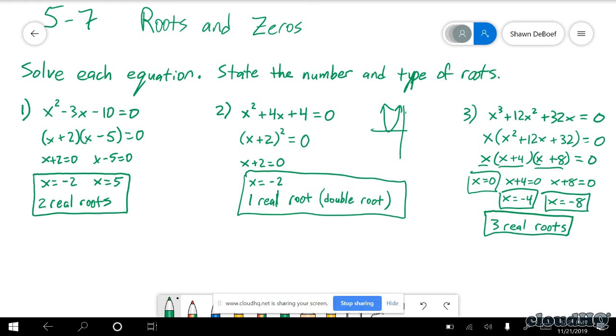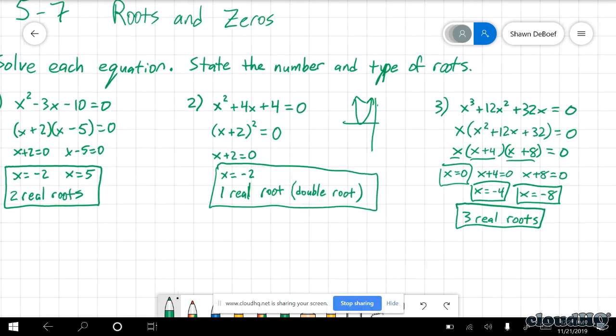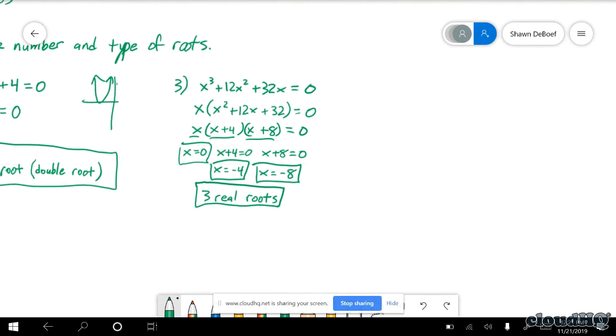So those are convenient and all, but are we always going to get real roots? No, so let's take a look at another. 16x to the 4th minus 81 equals 0.